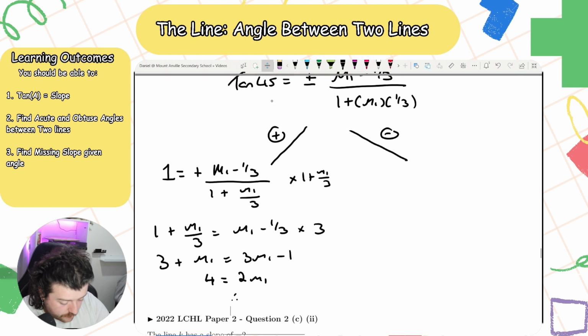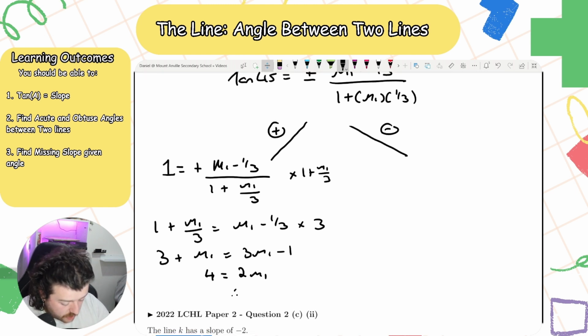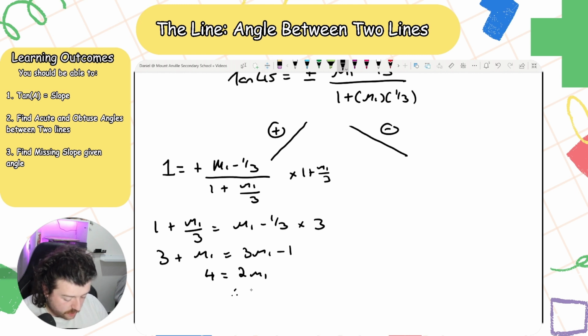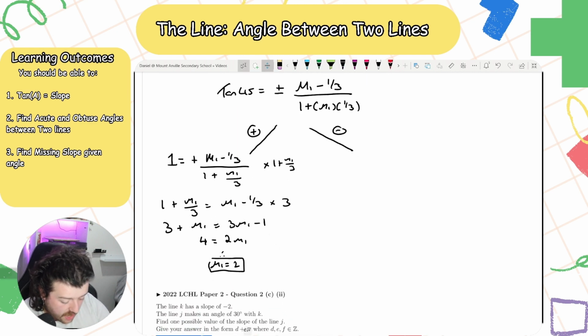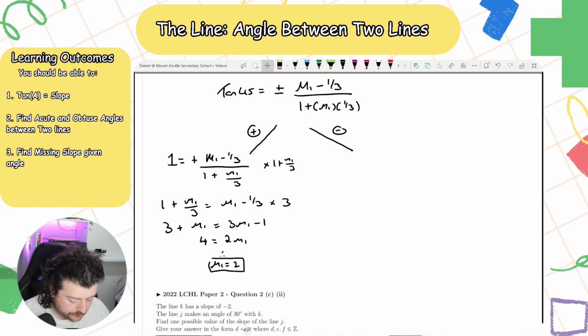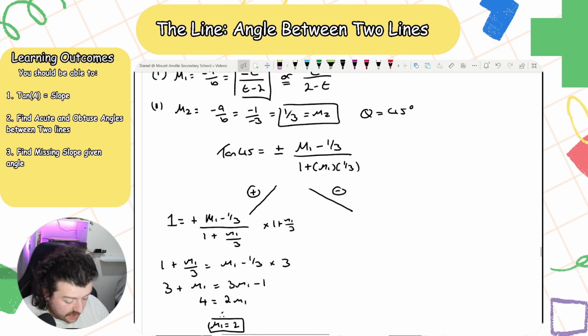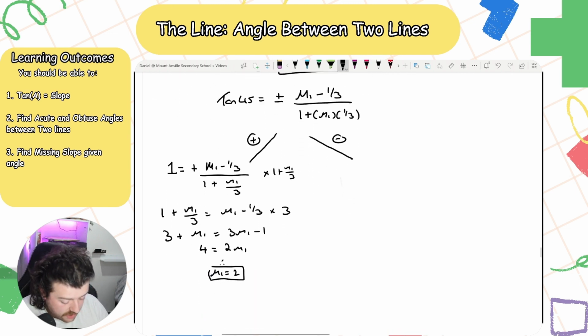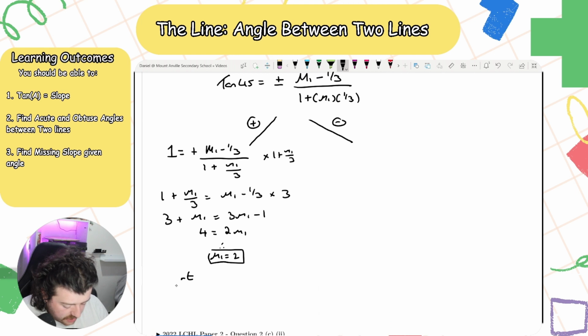Therefore, my slope should be equal to, well, 4 is equal to 2m1. Divide both sides by 2. I get m1 is equal to 2. So since I have m1 is equal to 2, and I know from up here that m1 is equal to minus t over t minus 2, minus t over t minus 2 is equal to 2.